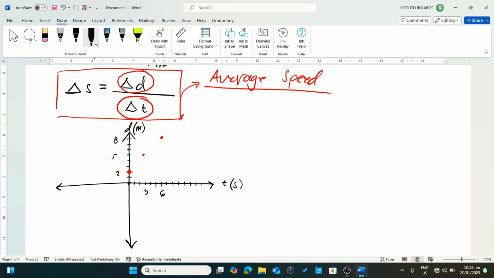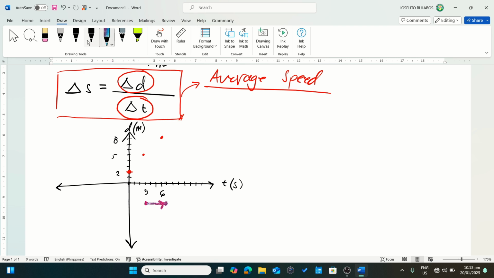Now, what if we want to know the average speed of the object from 3 seconds to 6 seconds?